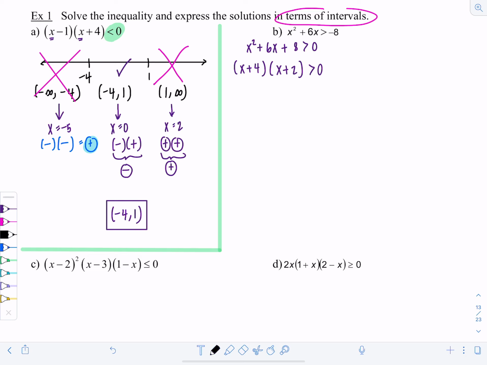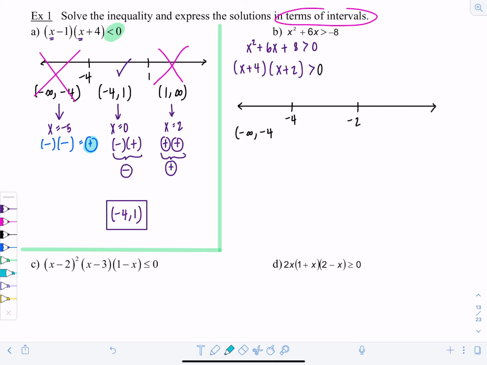Now I'm going to make my number line and then list the zeros on there. So we have -4 and -2. Okay, very good. Again, we have 3 intervals here. Let's list them out before we get started. The first interval is from -infinity up until -4. Now would I put parentheses or a bracket on -4?